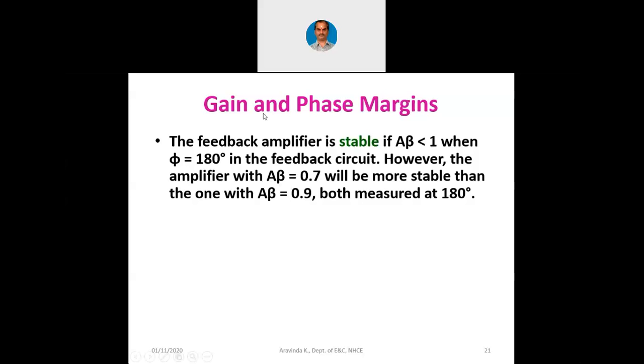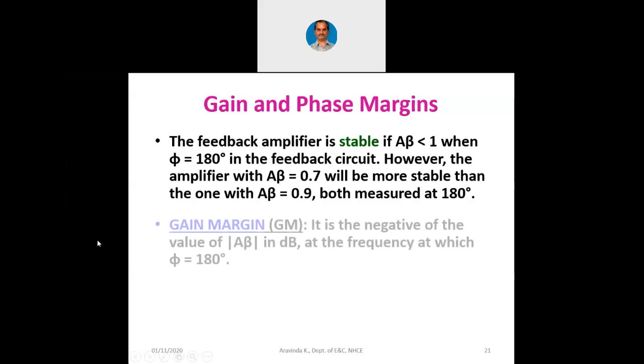Now, based on that, we have something called gain margin and phase margin. Why? We have this phi equals 180 degrees, and we also have A beta. So, based on this, we have two concepts called gain margin and phase margin. Gain margin is the negative of the value of modulus of A beta in decibels at the frequency at which phi equals 180 degrees.